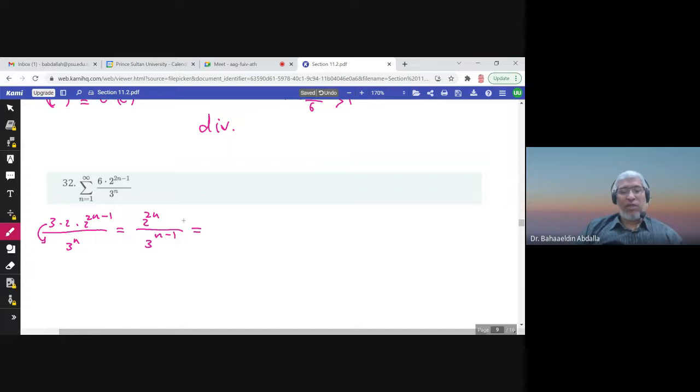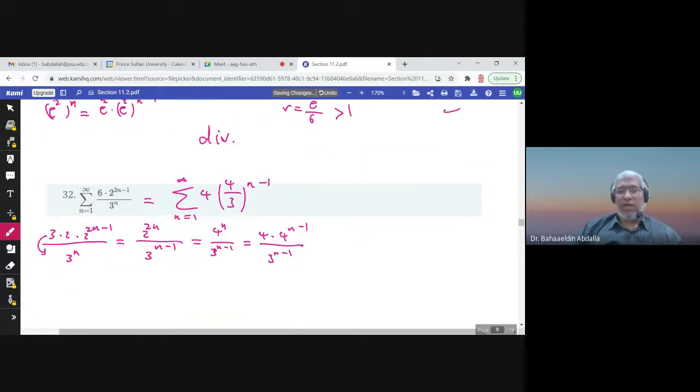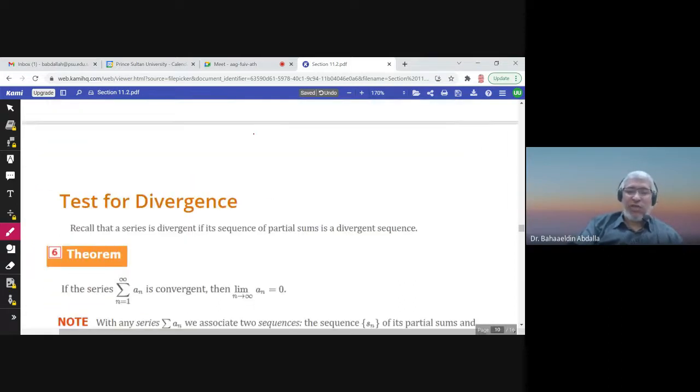So I can write it 2 to the power 2 all to the power n, or 4 to the power n, and then I can write it 4 times 4 to the power n minus 1 over 3 to the power n minus 1, and then it can be written as 4 times 4 over 3 to the power n minus 1. Compare it with this form, I find that a, the first term, is 4 and r is 4 over 3 and it's greater than 1. So this series is a divergent geometric series.